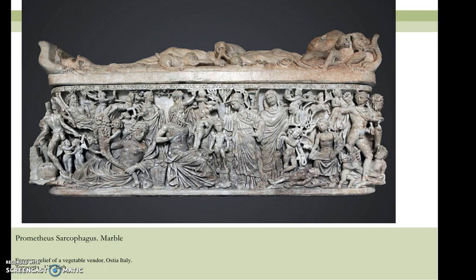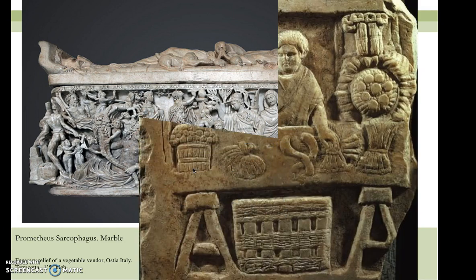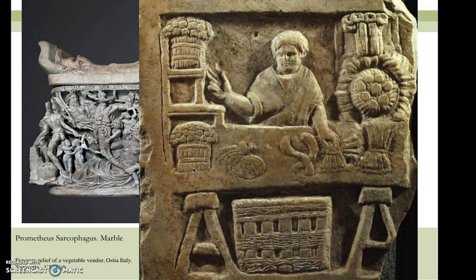This is, by comparison, a little tablet that might be placed on a tomb that would be used for a much more ordinary, common person. So if you weren't of the upper class, many people of just average society were buried in communal tombs.